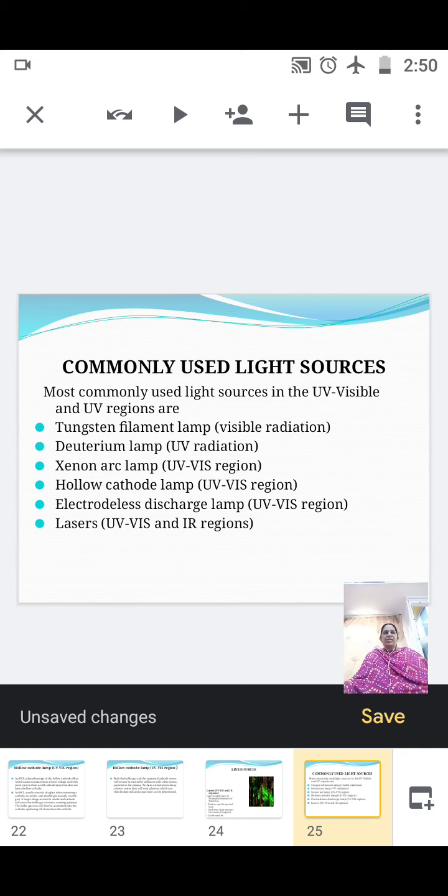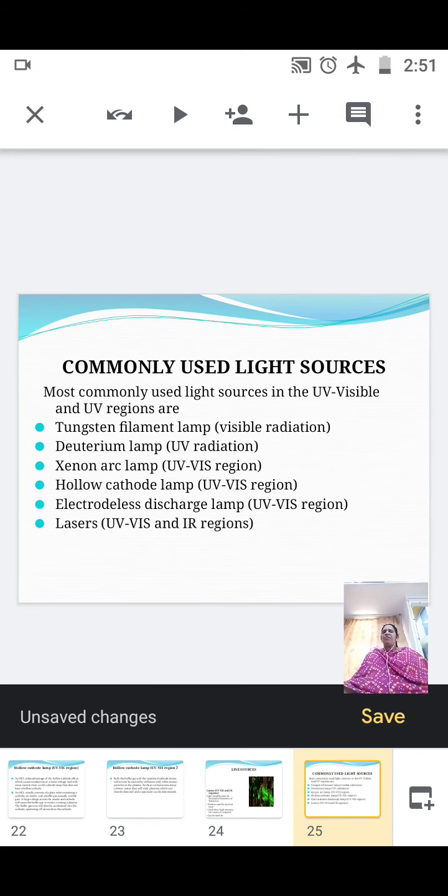Laser lamps produce specific spectral lines with very high intensity. If you need a high intensity line source of a specific spectral line, we go for lasers because they are monochromatic, directional and coherent.